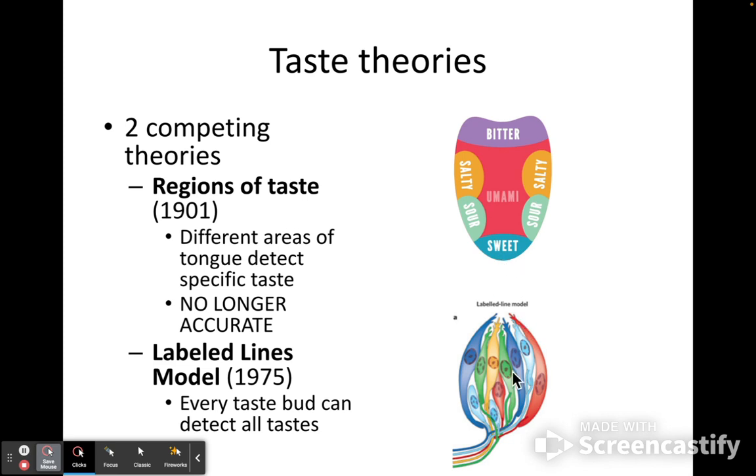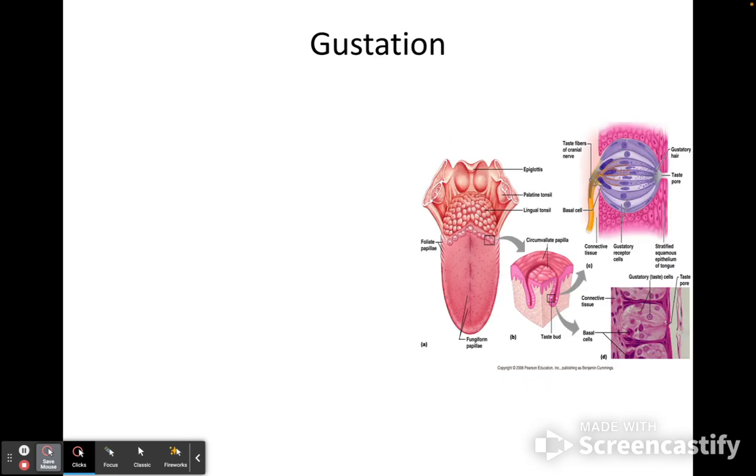So there are receptor cells in here that can pick up sweet and sour and salty and bitter and umami all within one taste bud. And then these are everywhere all over the tongue. So essentially we can detect all these different tastes all over the tongue, not just in certain places.